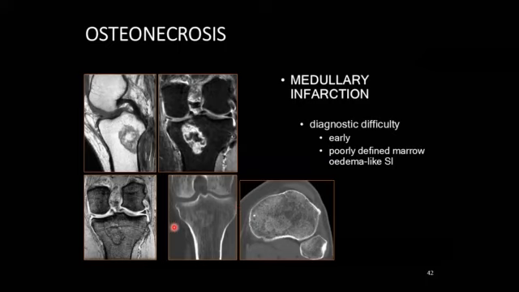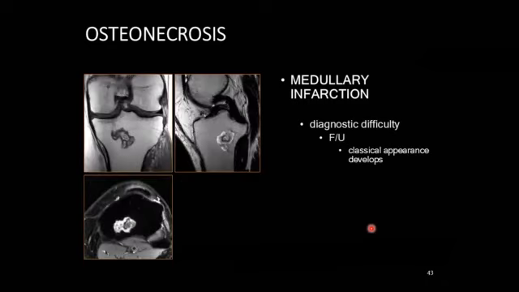So you can see this can look destructive as a lesion of the bone, and you might think there's something here, and you can see some edema in the surrounding structures, okay? Again, another example of medullary infarction. It has a diagnostic difficulty. Follow it up and you will see the classical appearance over time.